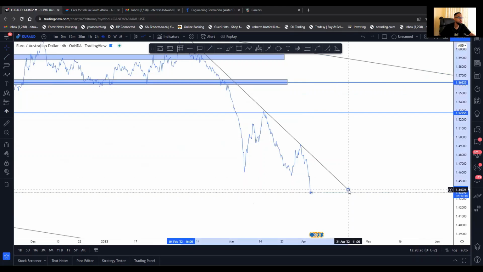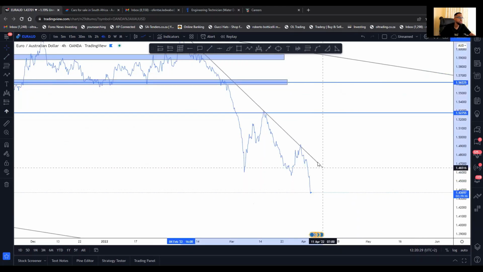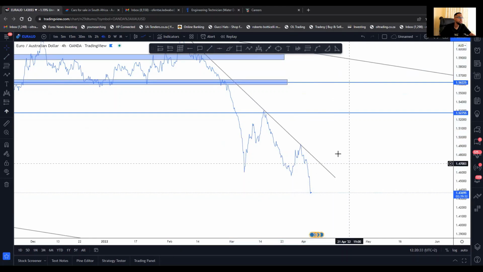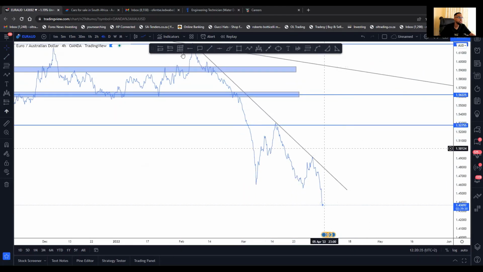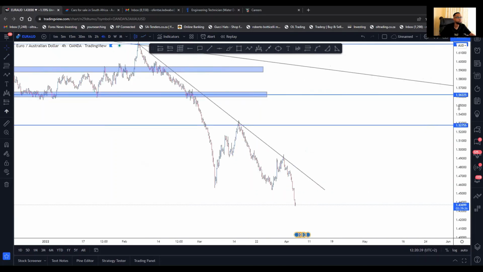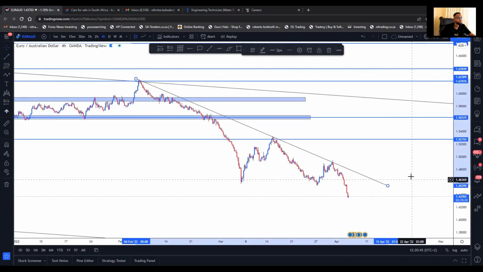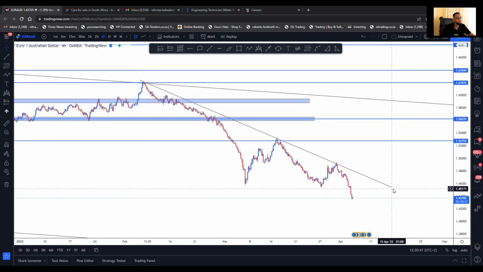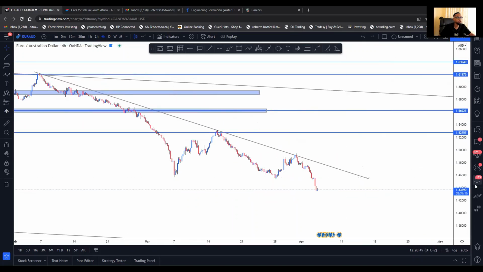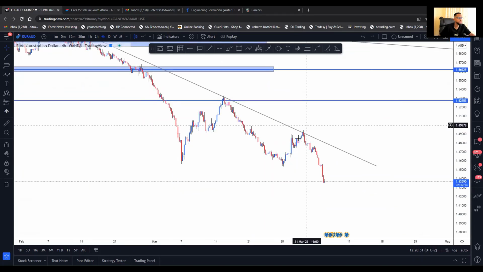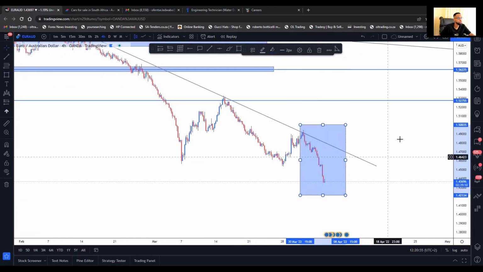So you want to know how you will capitalize on this move, sell going down.